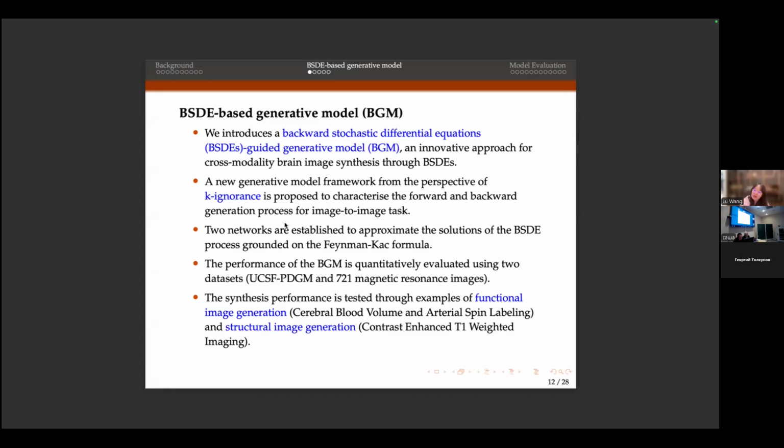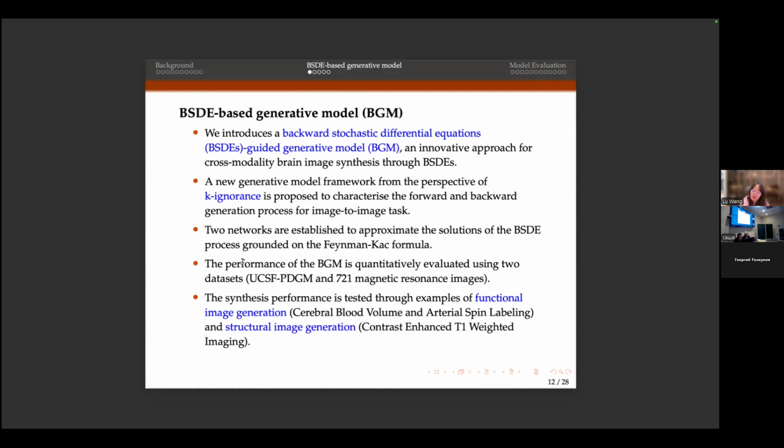This is used for the image-to-image task. We also use two networks to approximate the solution of the BSDE process based on the Feynman-Kac formula. We call it BGM, for BSDE-based generative model.